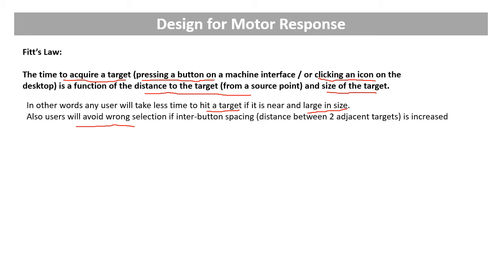So if two icons are kept closely one after another, then there is a greater probability that the user may select the wrong icon, right?